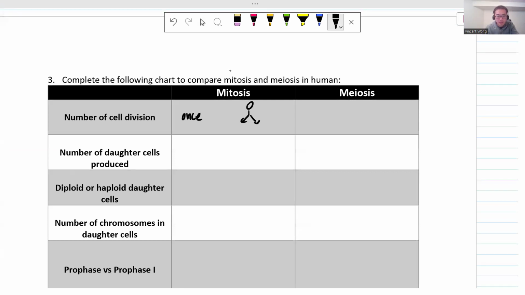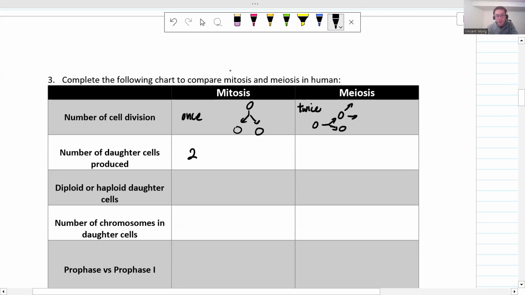Split. That's it. Right? Original cell, and then you get 2 cells. Number of daughter cells produced? 2. Meiosis. How many divisions? How many times does this split? 2. 2 times. Twice. Okay. Probably should draw it sideways this time.